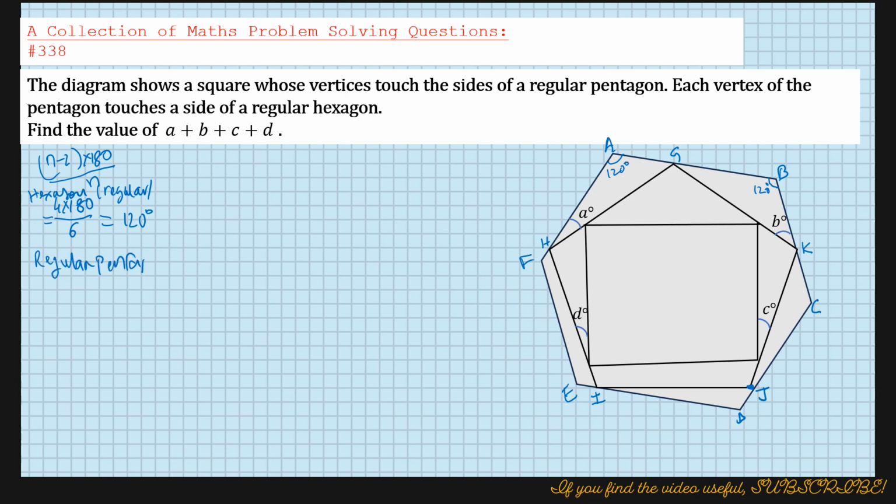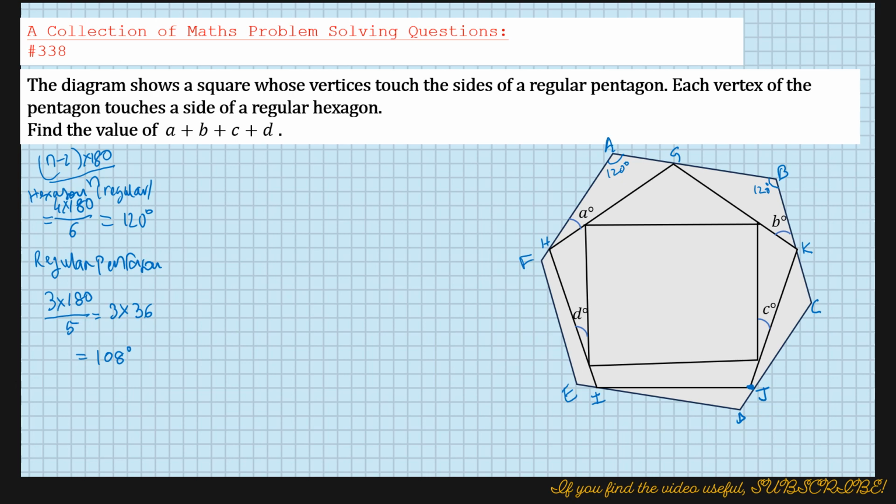The internal angle would be 5 minus 2, 3, times 180 out of 5. That would be 3 times 36, and that equals 108 degrees.